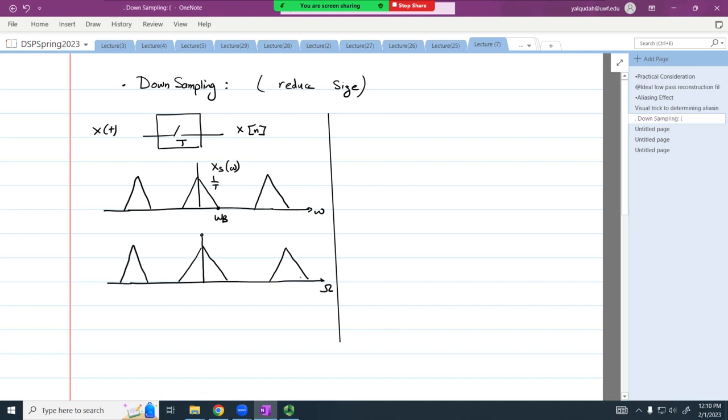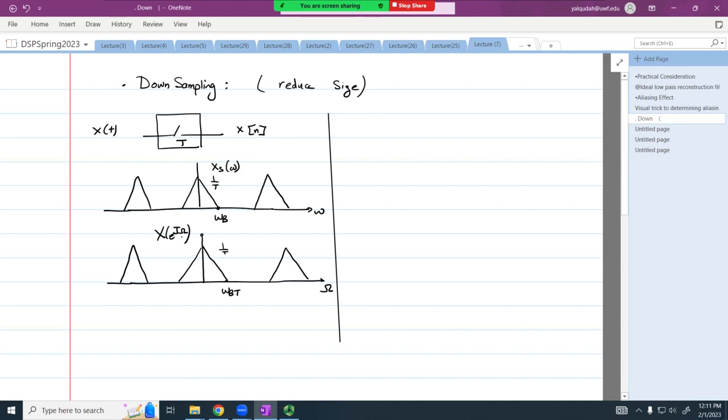Omega is equal to w multiplied by T, and therefore I'm going to have w multiplied by T in here. This is what we've seen: the sampled signal, the discrete time Fourier transform. Agree? Everybody?